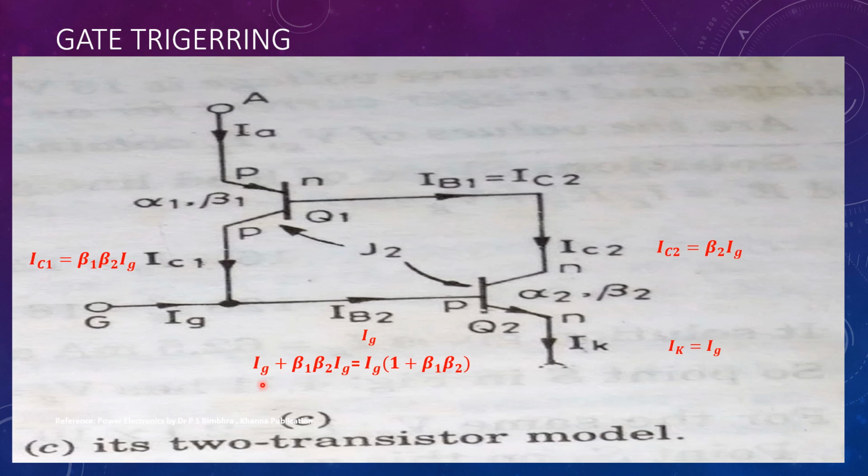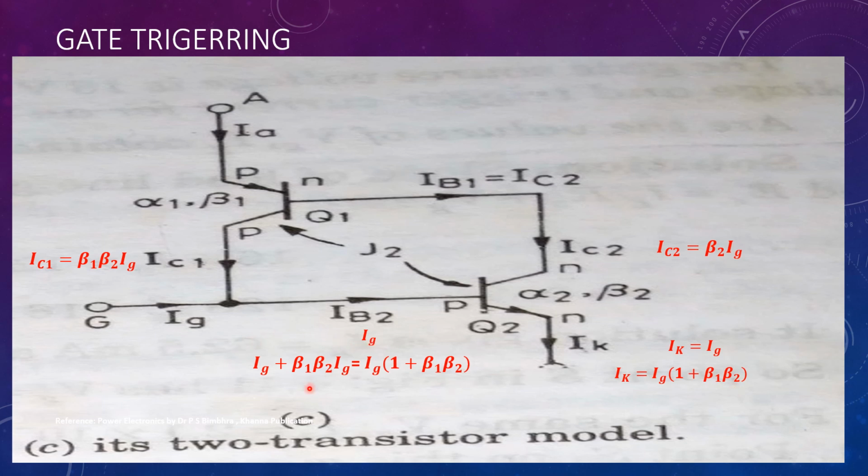Therefore, the new value of IB for transistor Q2 is IG plus beta 1 beta 2 IG. In simplified form, we can write it as IG into 1 plus beta 1 beta 2. Since the value of IG has increased, the value of emitter current also increases. Therefore, IE, that is IK, is equal to IG into 1 plus beta 1 beta 2.